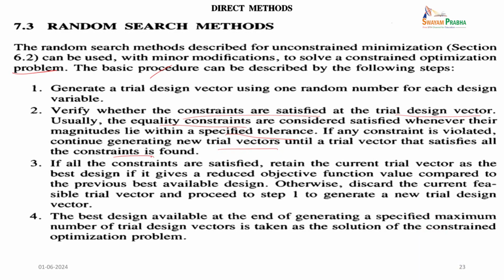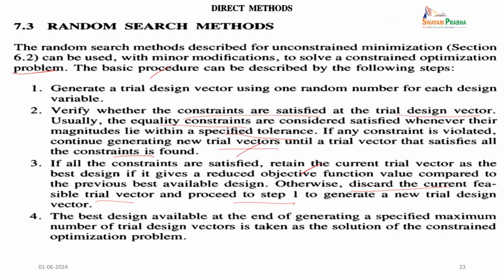Number 3, if all the constraints are satisfied, retain the current trial vector as the best design if it gives a reduced objective function value compared to the previous best available design. Otherwise, discard the current feasible trial vector and proceed to step 1 to generate a new trial design vector.